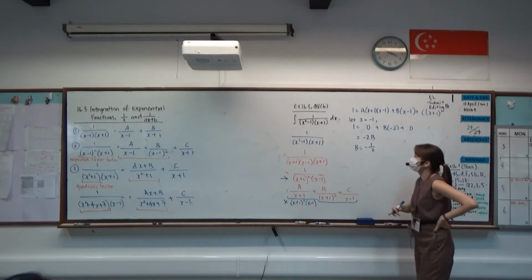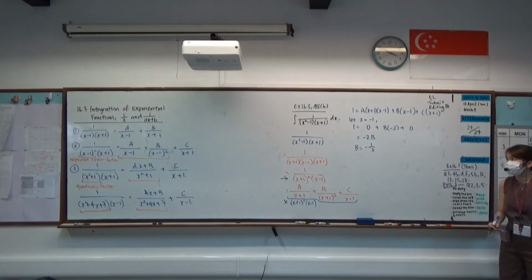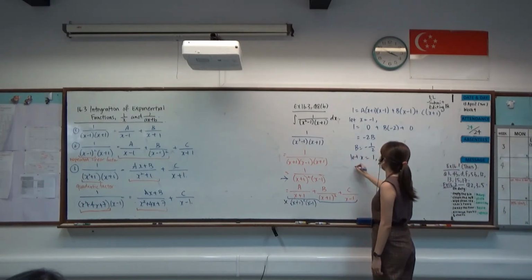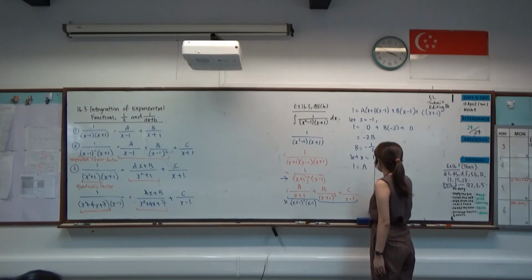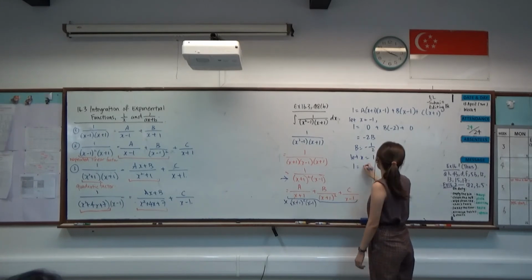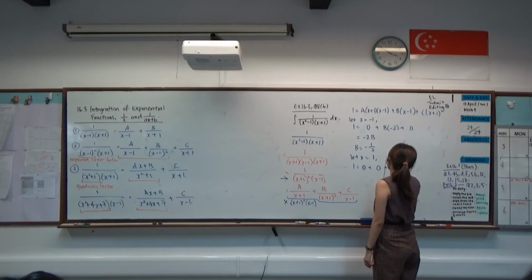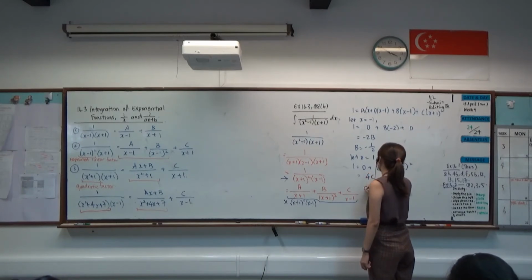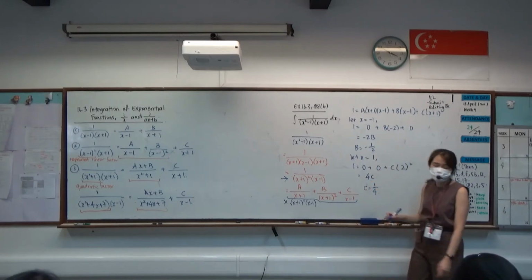So B is negative half. Then let x equal to 1. A is still 0. B is 0. C is 1/4.